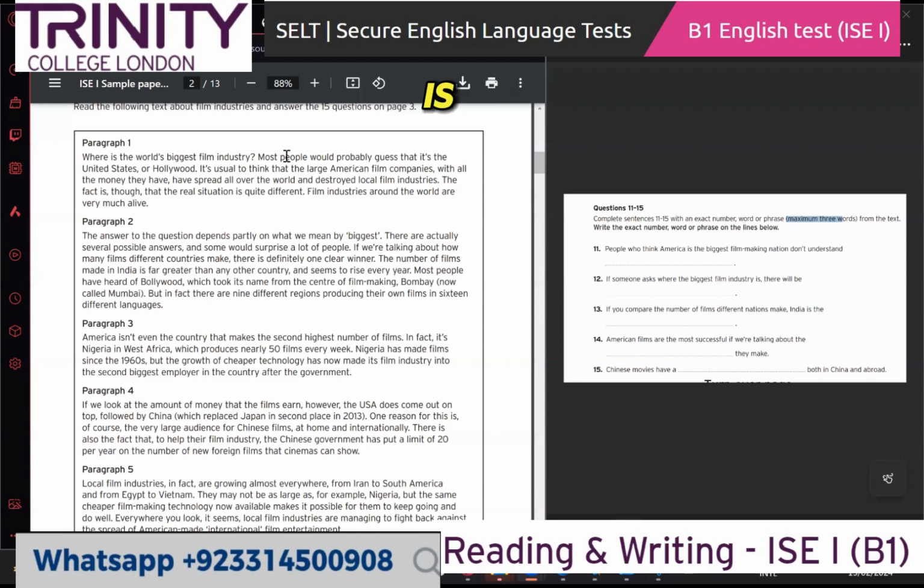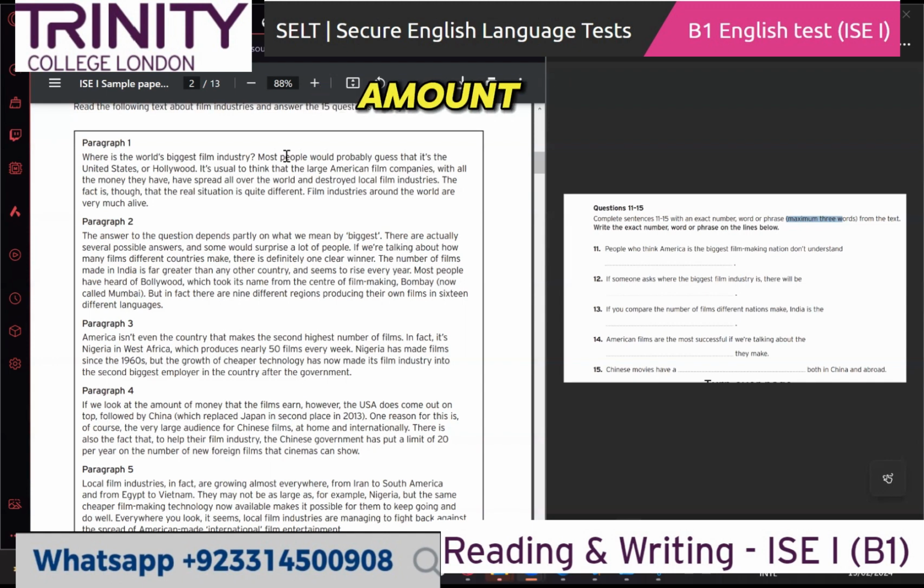America is not even the country that makes the second highest number of films. That is in fact Nigeria in West Africa, which produces nearly 50 films every week. Nigeria has made films since the 1960s, but the growth in cheaper technology has now made the film industry the second biggest employer in the country after the government.